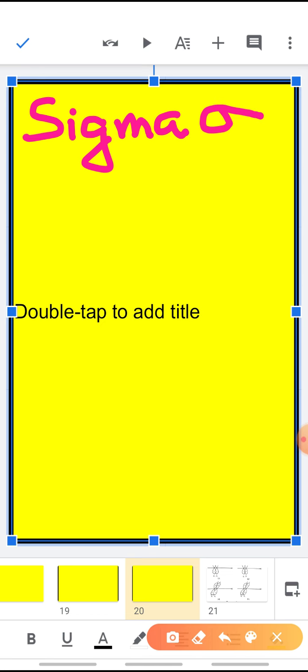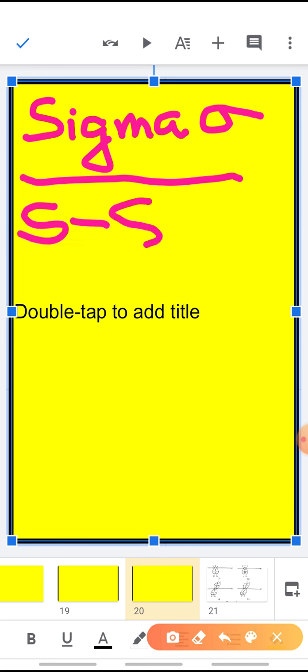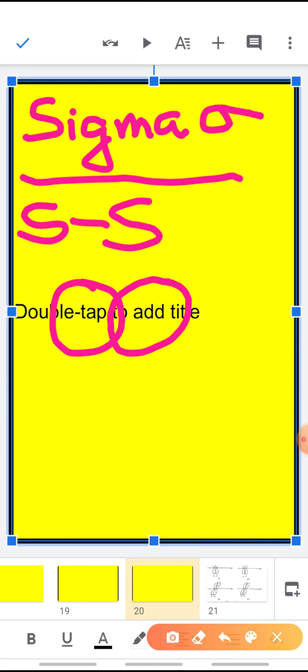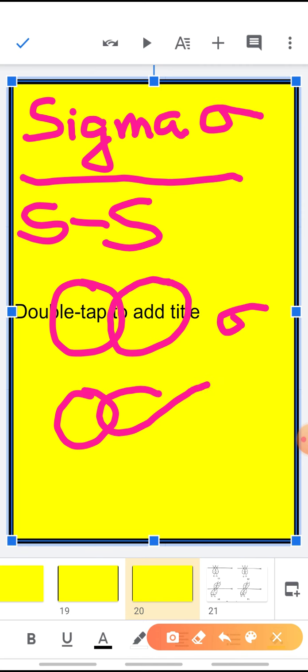First of all, I am discussing the case of SS. You all know the s orbital is spherical in shape, so when two s orbitals undergo overlapping, a sigma bond is formed. Next is SP. When an s orbital overlaps head-on with the positive lobe of the p orbital, then also a sigma bond is formed.